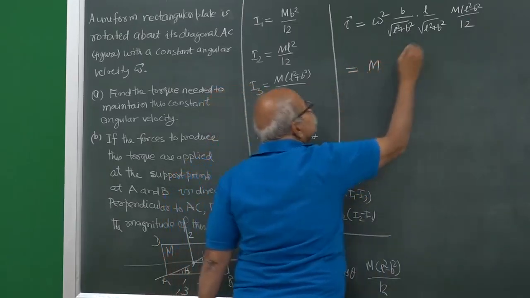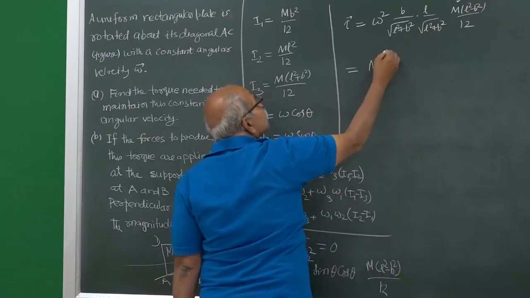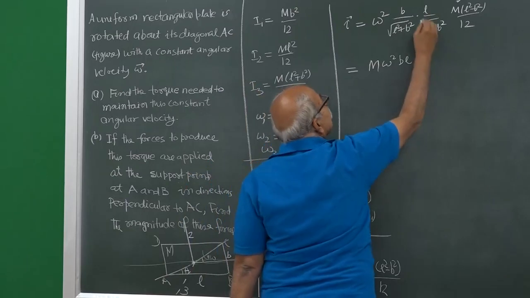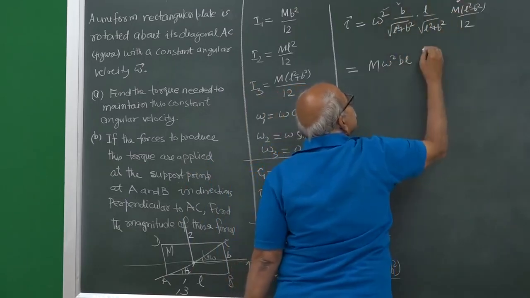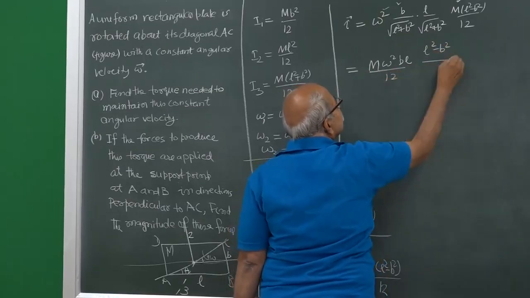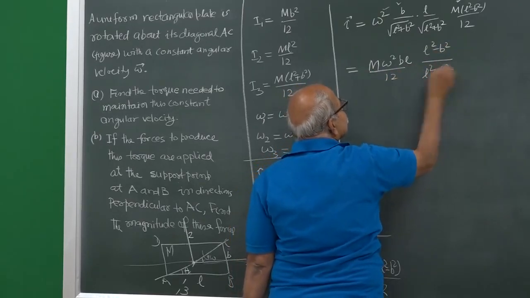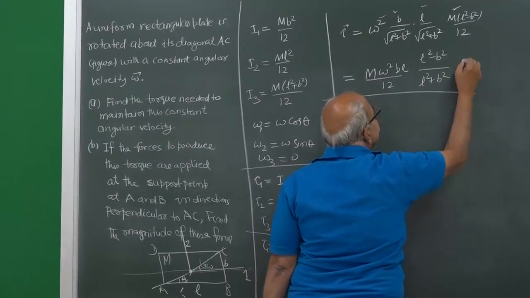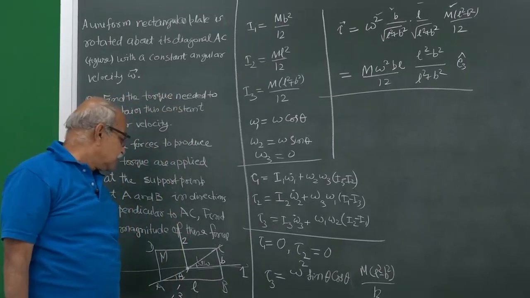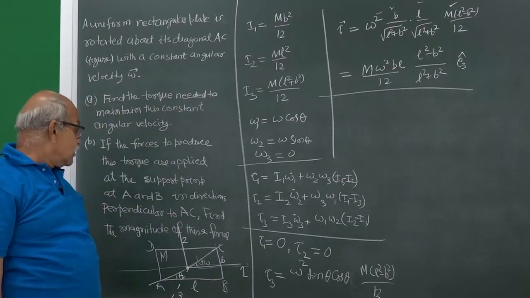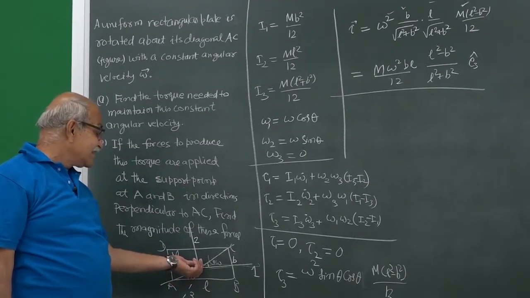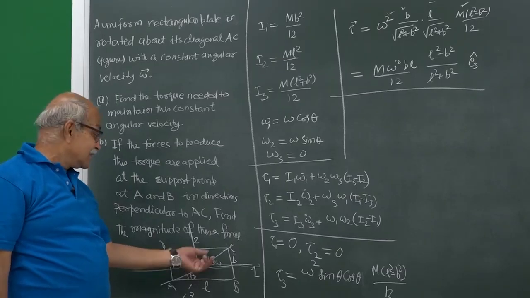You have m, omega square, b, L, and then the quantity (L square minus b square) by 12, divided by L square plus b square, times E3 cap. So, this is the torque which is needed, and it is in the direction of E3, and that direction is changing as it rotates.